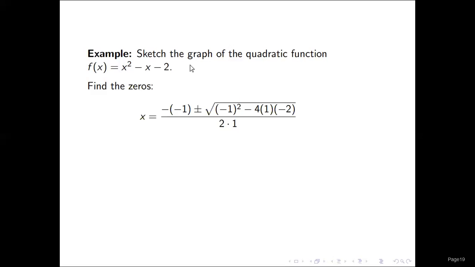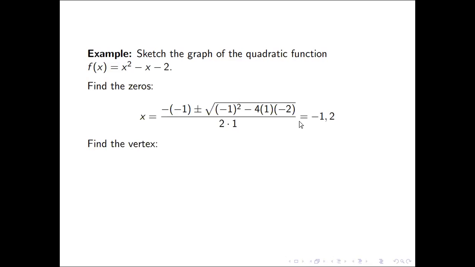So equating that to 0, we will have to find the zeros either by factoring or using the quadratic formula, which you should already know, negative b plus or minus square root of b squared minus 4ac over 2a. Actually, the zeros are exact, so you could have just factored this as x plus 1 times x minus 2, which will produce the same set of zeros.